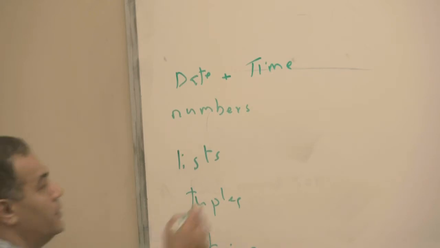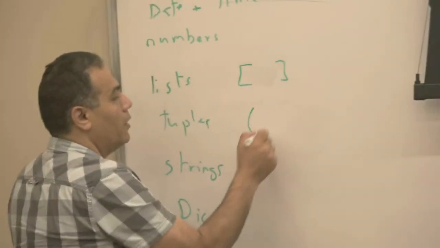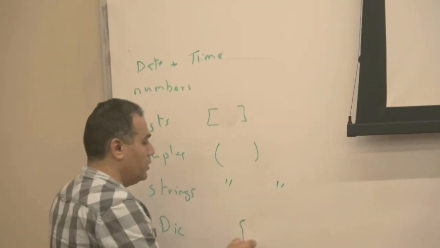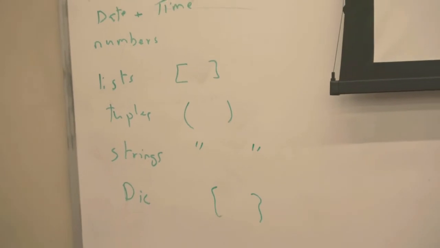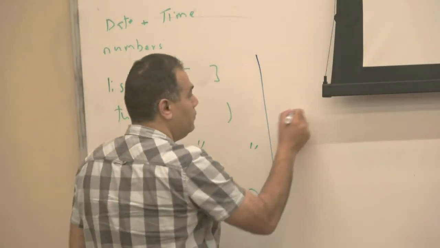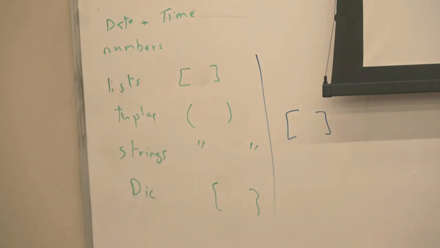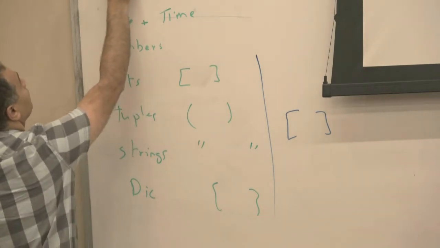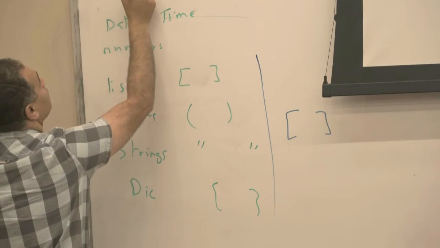So these are containers. To create a list, you use square brackets, a tuple uses round brackets, strings use quotes, and a dictionary uses curly brackets. We also learned about two terms last time, mutable and immutable.